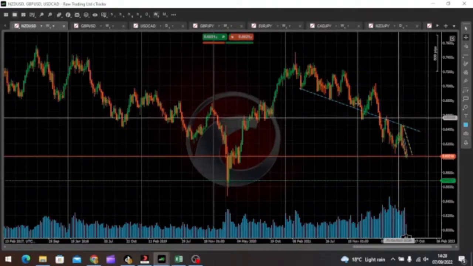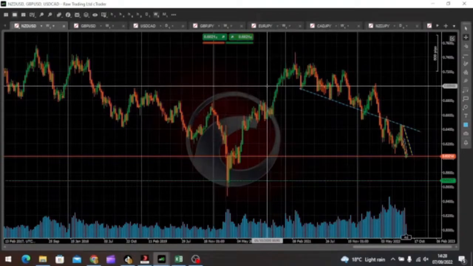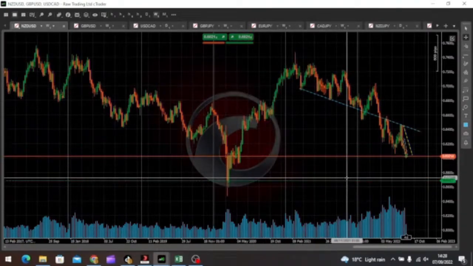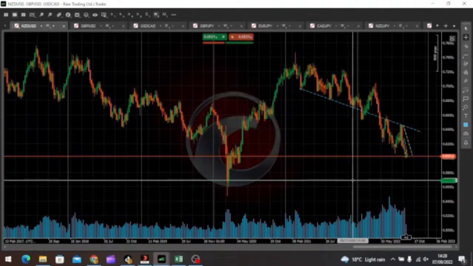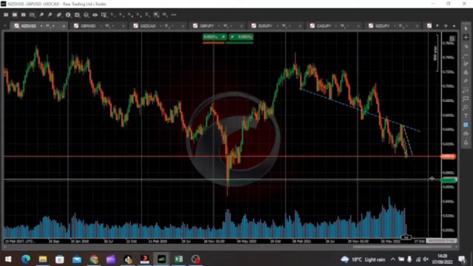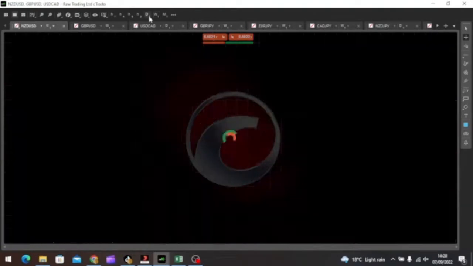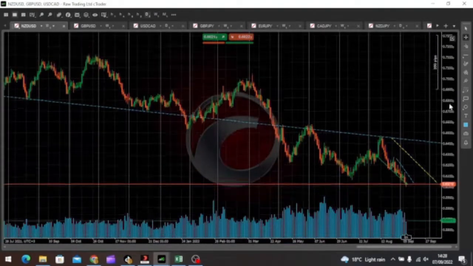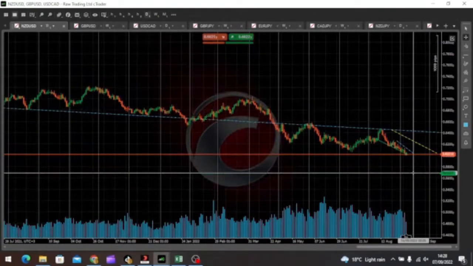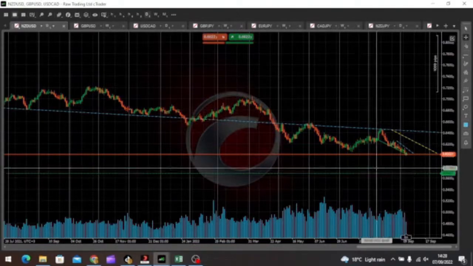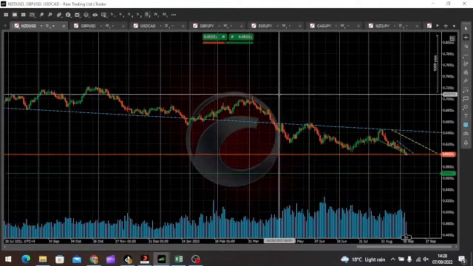When I look at it on the higher time frame from the weekly analysis, our immediate take profit right now shifts to the zone around the 150,700 area. Guys, this is a further continuation of a sell.